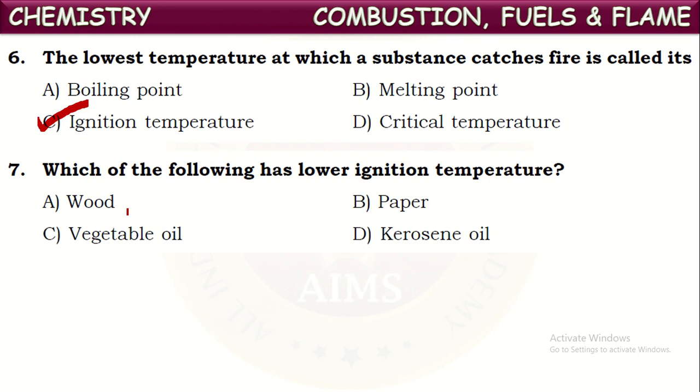To reach that temperature, wood should be heated for a long time. And paper, of course, catches fire easily. And vegetable oil needs a much higher temperature to catch fire. And kerosene oil catches fire very easily, even compared to paper. So we can say kerosene oil has the lowest ignition temperature among the given fuels here, meaning it catches fire even at very low temperatures.